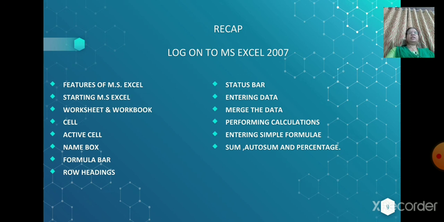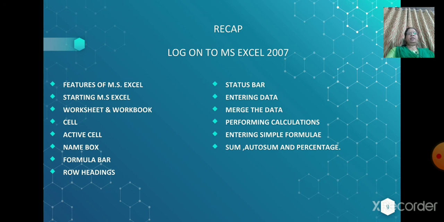Name box is located above the column heading on the left side of the window. This area displays the location of the cell pointer. Next, we have learned formula bar. The formula bar is located to the right of the name box. This bar shows the characters and formulas that you entered in an active cell.